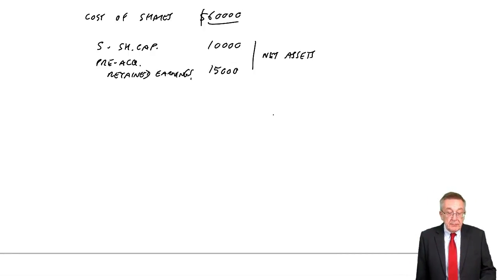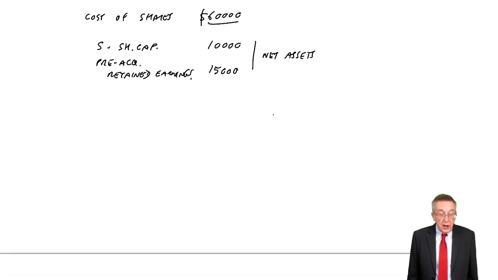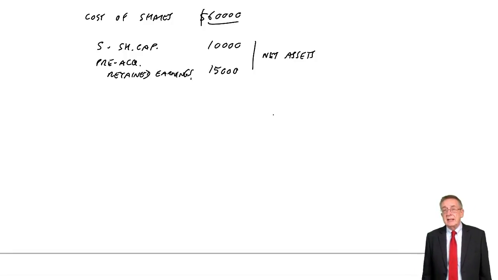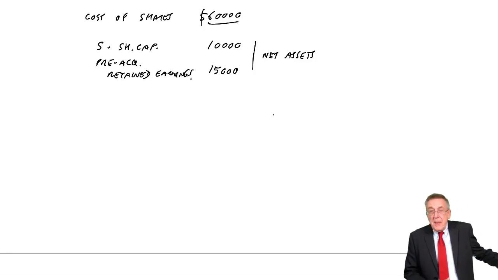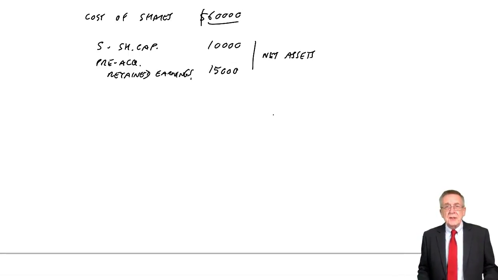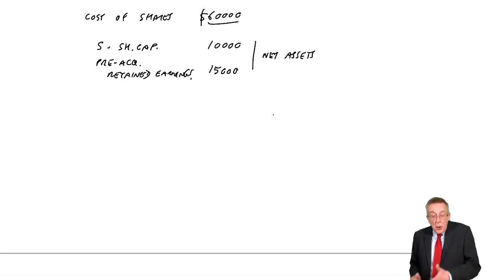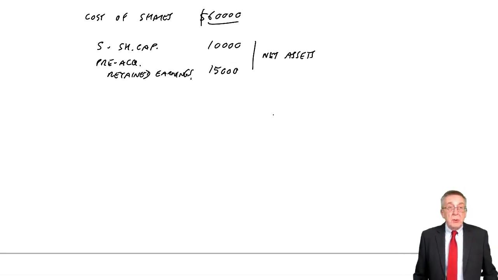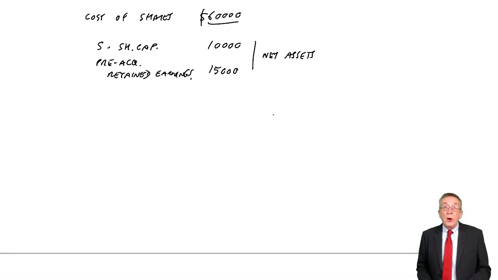And if you look at the second part of the second sentence, retained earnings was 15, the fair value of the non-current assets was 9,000 more than the carrying value. So I don't know, maybe they have a building and the building had cost them 5,000 or something. But we buy it, the company, and we decide that building's actually worth 14,000. It's worth 9,000 more, and so we're going to have to pay 9,000 more.